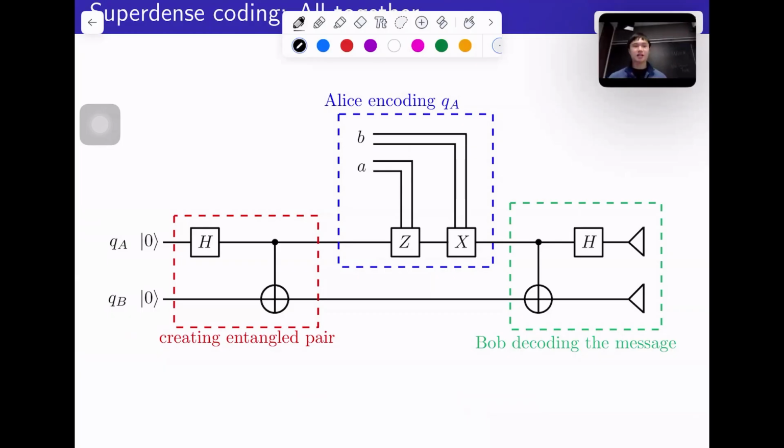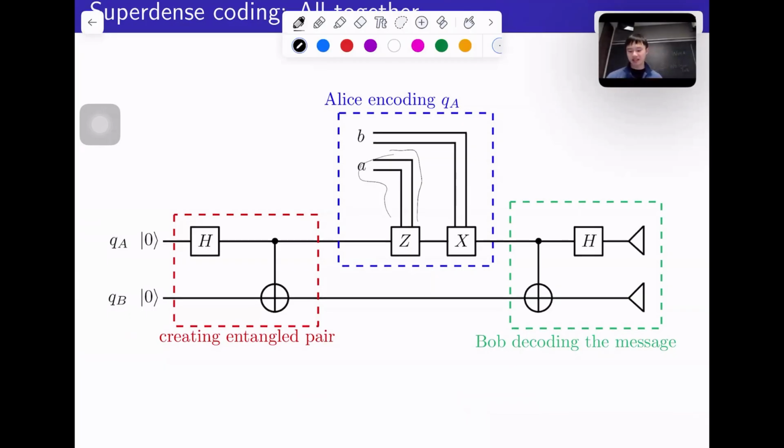So depending on what bits I had, I either applied an X or a Z. These represent classical registers traveling down and controlling this quantum gate of either a Z or an X. This represents the encoding portion in blue. Then afterwards, I gave this qubit to Ian, and he's decoding it, right? So he applies his CNOT and the Hadamard, and then he reads back out the results and recovers my message. Does everybody get superdense coding?